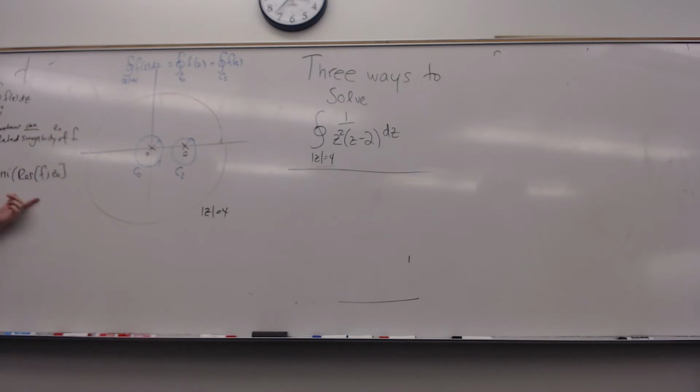The coefficient of the z to the minus 1 term, right? That's what the one singularity theorem says. If that curve contains one singularity, then you can just compute directly by knowing what the residue is.